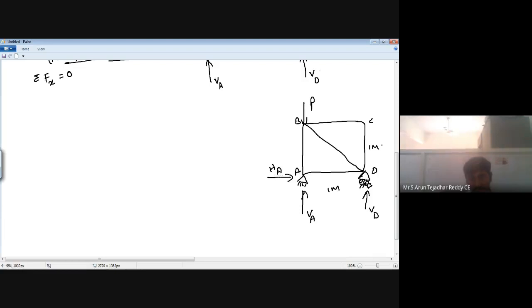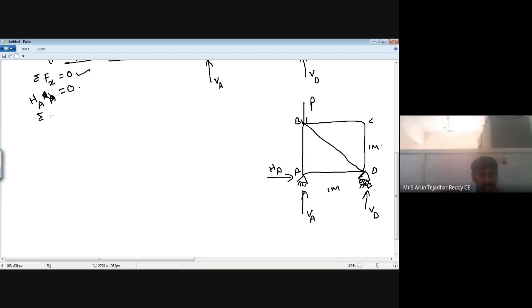Except HA, no other reaction is acting horizontally. So we need to write HA is equal to 0. The first equilibrium equation is completed.